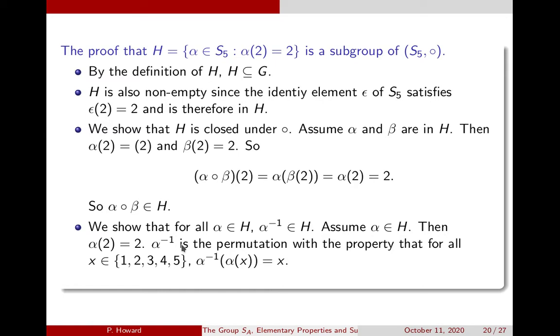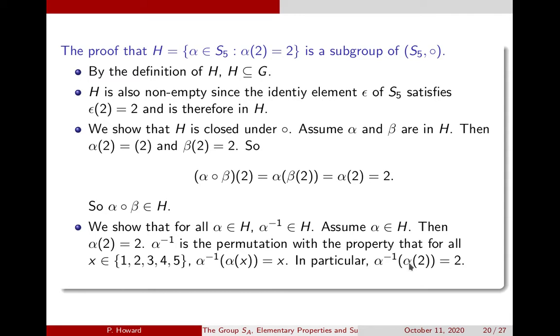Well, alpha inverse, by definition, is the permutation with the property that for every x in the set of integers 1 through 5, alpha inverse of alpha of x equals x. In particular, alpha inverse of alpha of 2 has to be equal to 2.